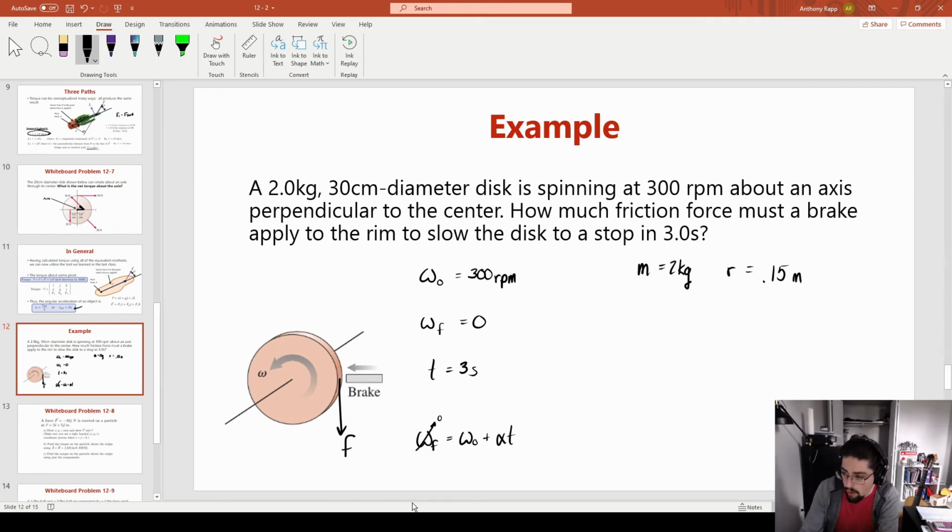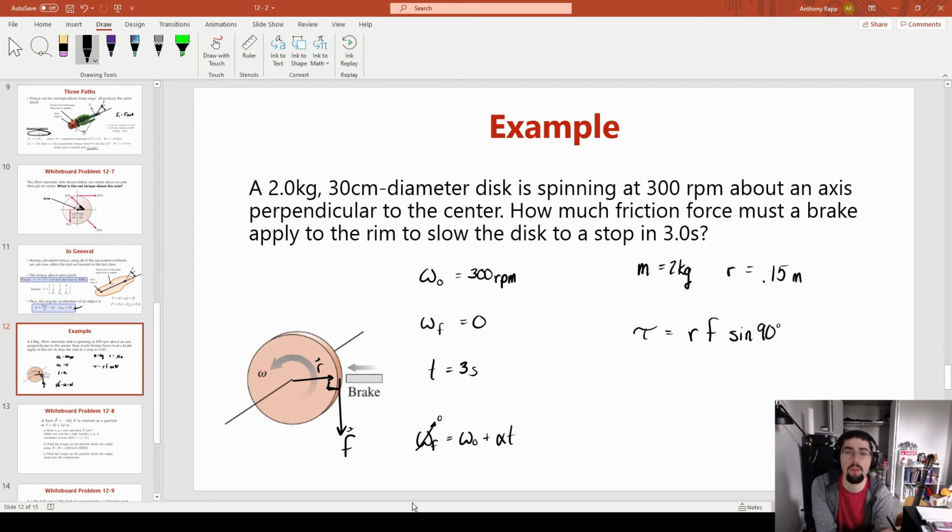What I could say now is, all right, well, the torque applied by that friction force is going to be R times the friction force times sine of 90. Radius comes out like this. Friction force goes down like this. It's a right angle between the two of them. So there's my torque.